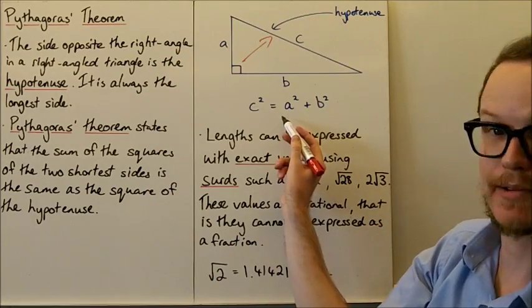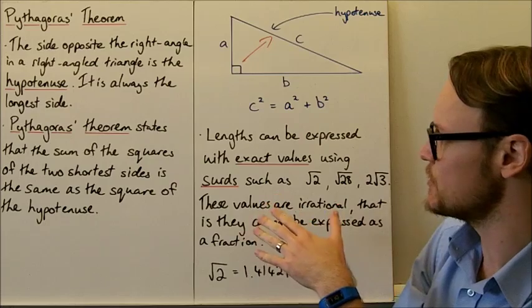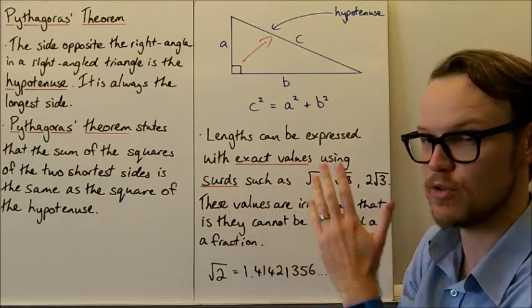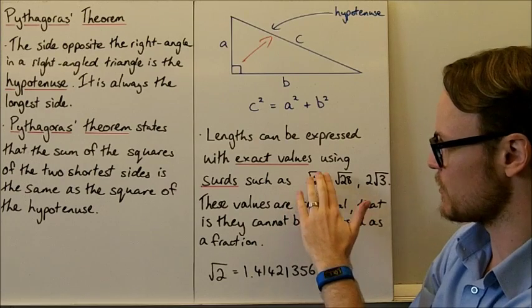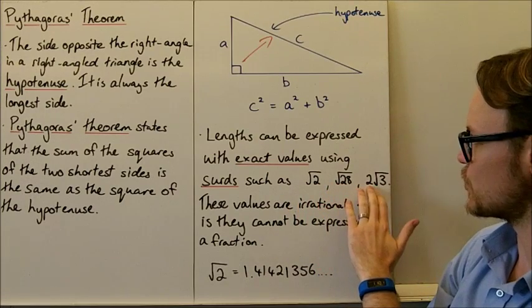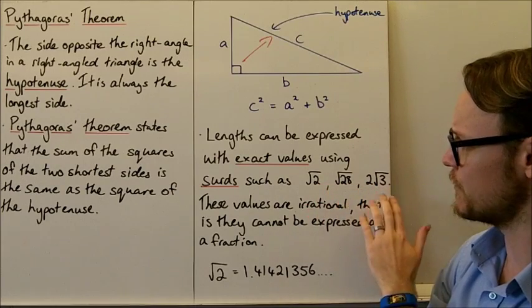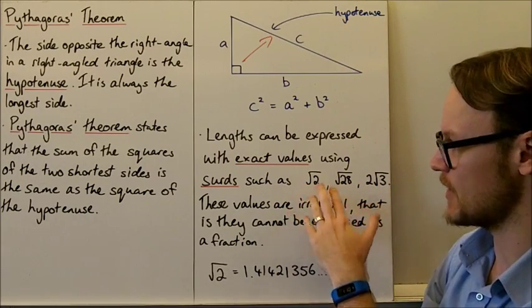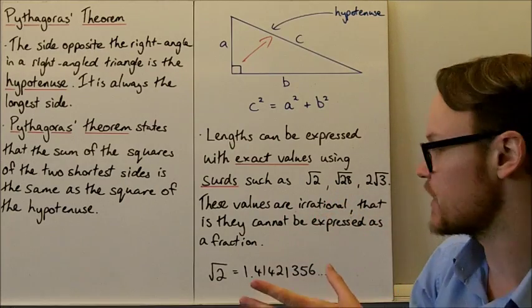That's Pythagoras' theorem. Lengths can be expressed with exact values using these things called surds. Some examples of surds are square root of 2, square root of 28, or 2 times the square root of 3. Each of these values can be rounded, but they can't be simplified any further.